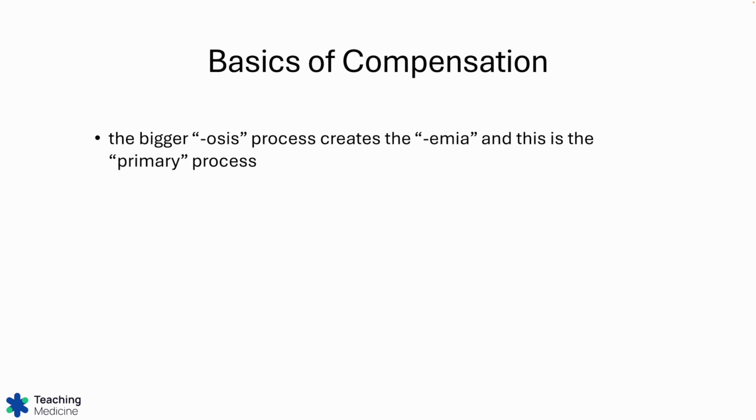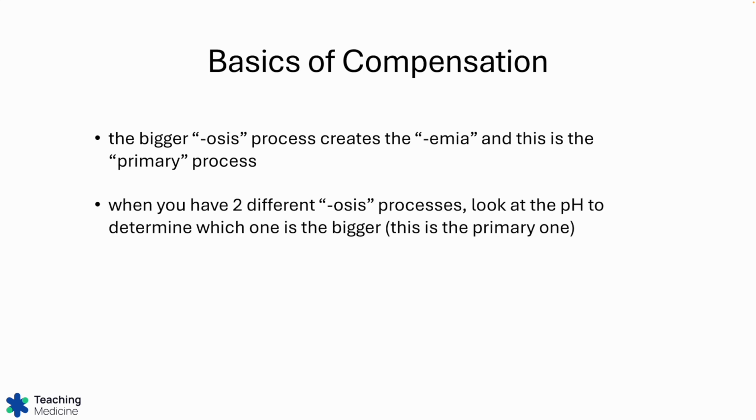And if the pH is acidemia, then whatever process was acidosis is going to be the primary process, and the other process, which would be an alkalosis process, would be the compensatory process. And again, we're going to have some examples coming up in the next podcast that drive that whole concept home a little bit easier for you.